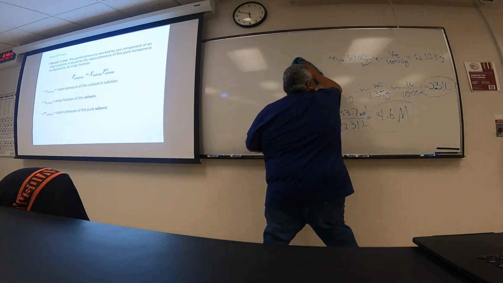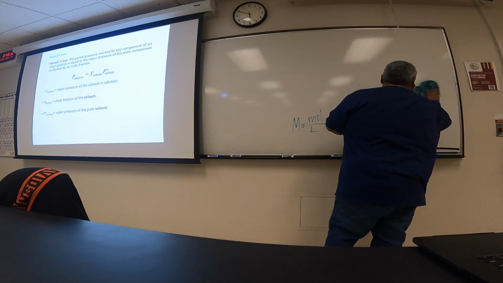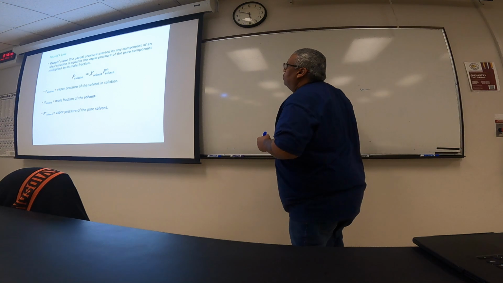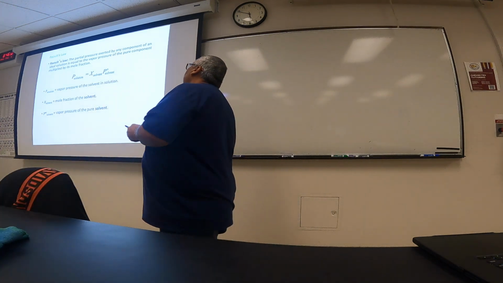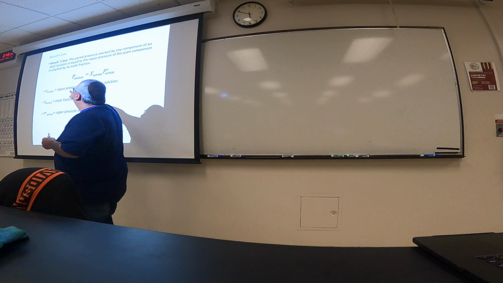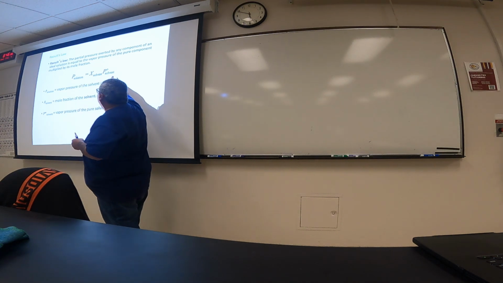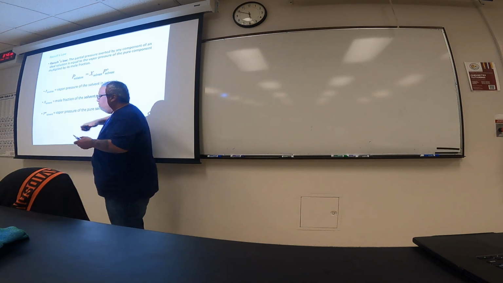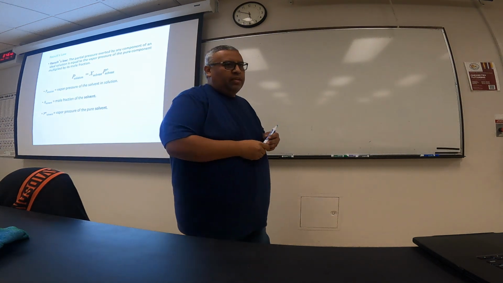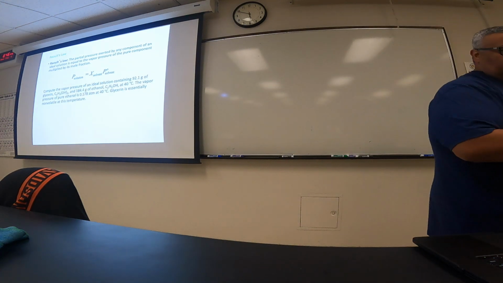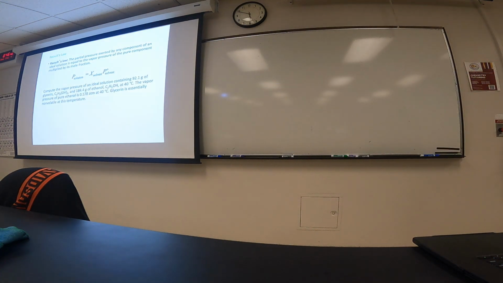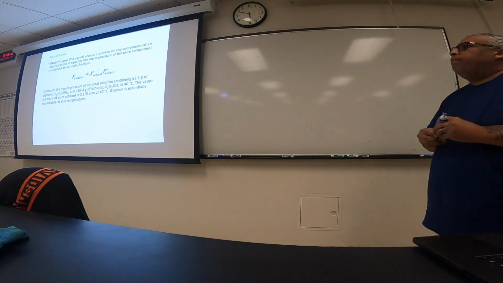And we can use that to determine partial pressures of solvents and solutions. So here is our vapor pressure of the solution, vapor pressure of the solvent, and then we have our mole fraction of the solvent. So let's take a look at that and actually try to calculate something regarding that.